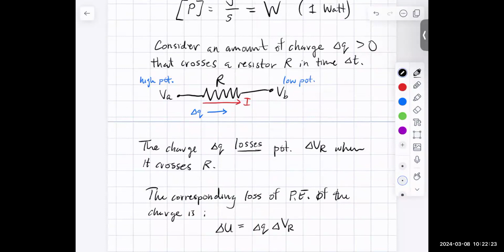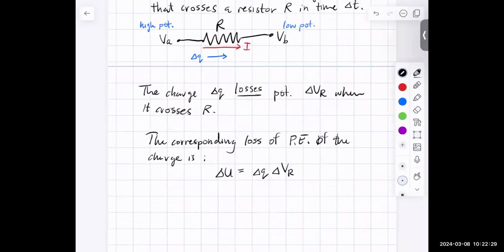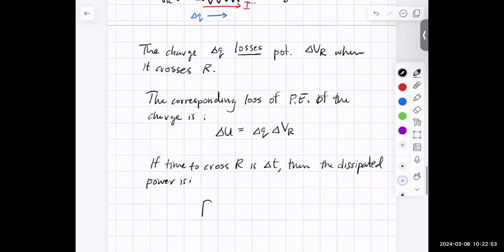And then we said power is the change in energy divided by the change in time, so however long delta T it takes for the charge to cross our resistor. So if the time to cross R is delta T, then the dissipated power P is going to be delta U divided by delta T, but delta U is delta Q delta VR.